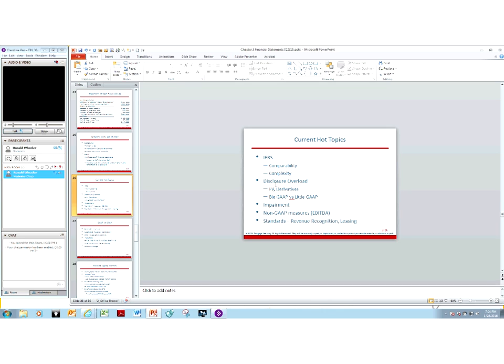Another thing that we think about with disclosure overload, or one way that has been tried to solve it, is what we call big GAAP versus little GAAP. Big GAAP would be public companies, people that are putting out their financial statements for public consumption, versus privately held companies. In my case with FastSigns, since we're privately held, a lot of those disclosures and footnotes about fair values and derivatives are less important to our investors.